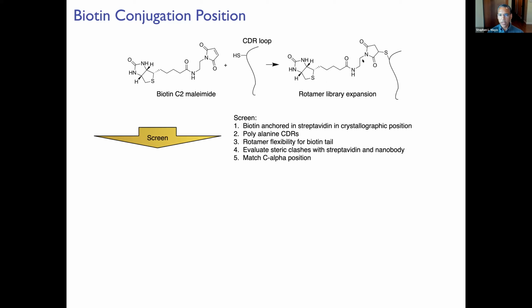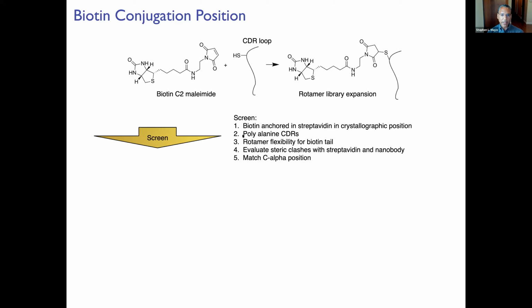And so, of course, the part of the biotin that's not natural, not part of what we think of as biotin, needs to be positioned so that we can figure out what position on the CDR loop will best accommodate this linkage.